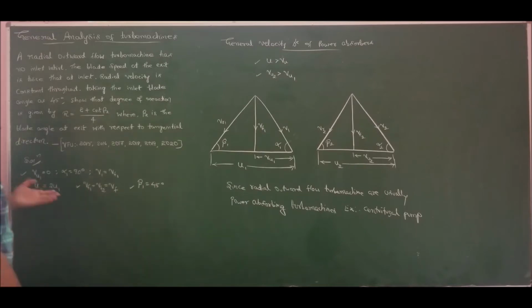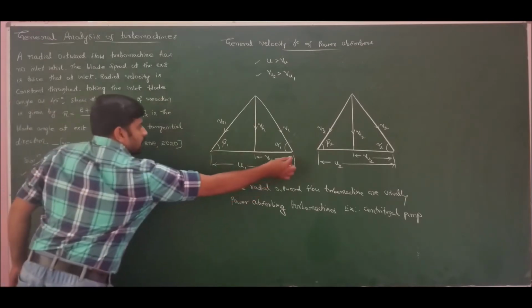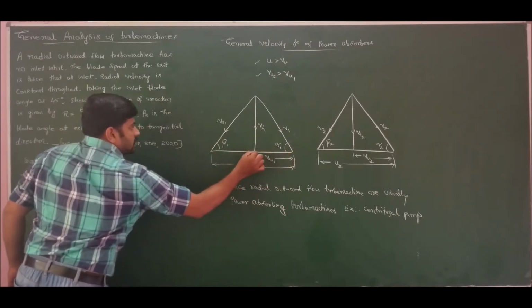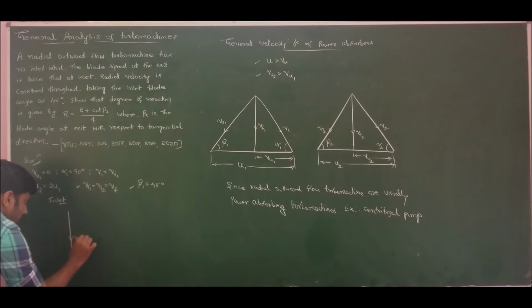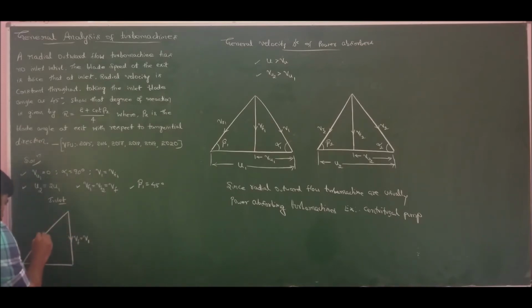Now use these conditions and alter the general velocity triangle of power absorber. If I use the first condition, Vu1 should become 0, alpha 1 should become 90 degrees, and V1 should be equal to Vf1. So pull here and make Vf1 equal to V1. Therefore the inlet velocity triangle will become: we will get Vf is constant, keep that in mind, Vf is equal to V1, and I am left out only with the relative velocity, that is Vr1.